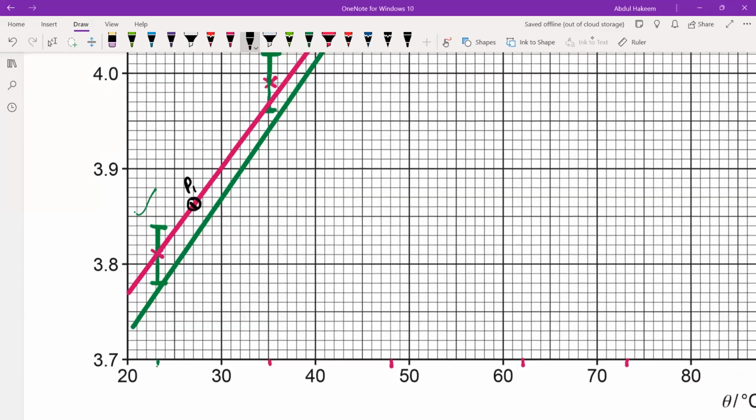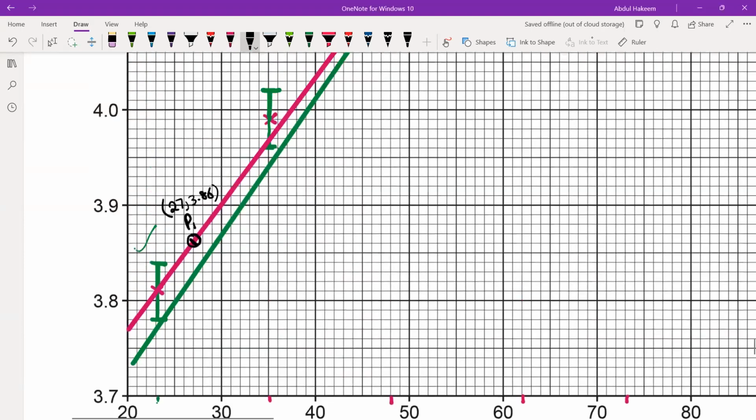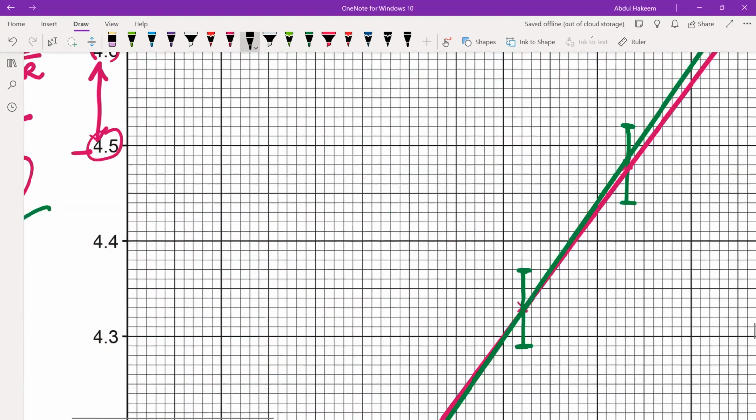And this is P1, and its coordinates are 27 at the x-axis and 3.86 at the y-axis. Don't take table points for the best fit line.